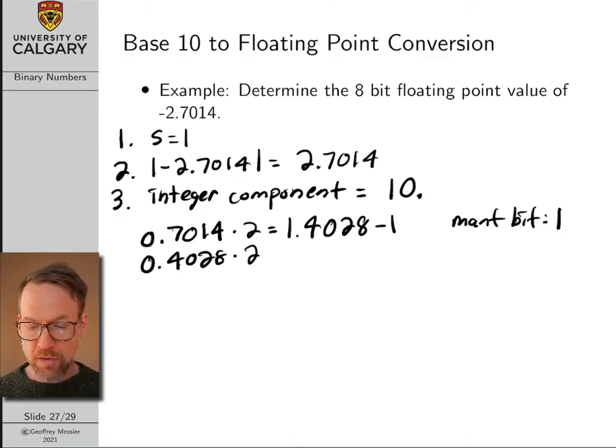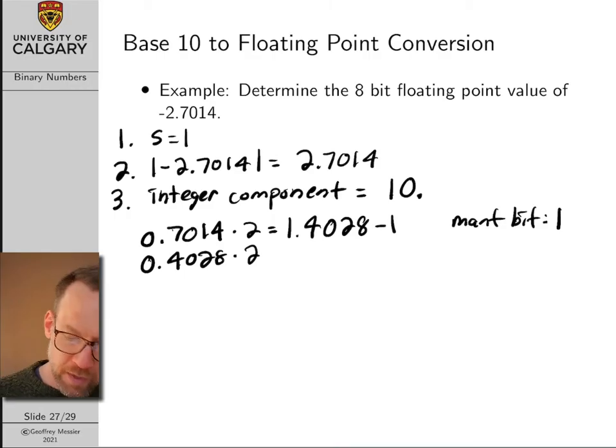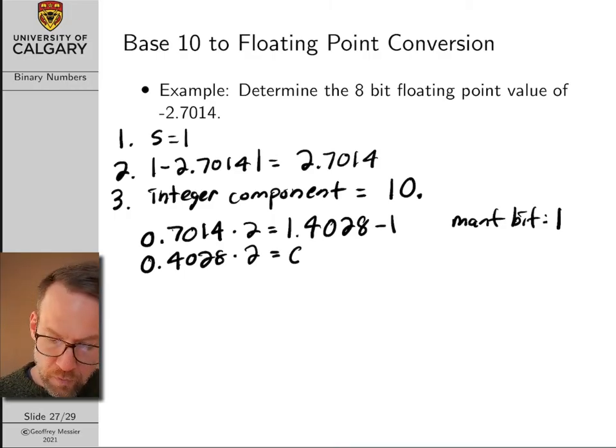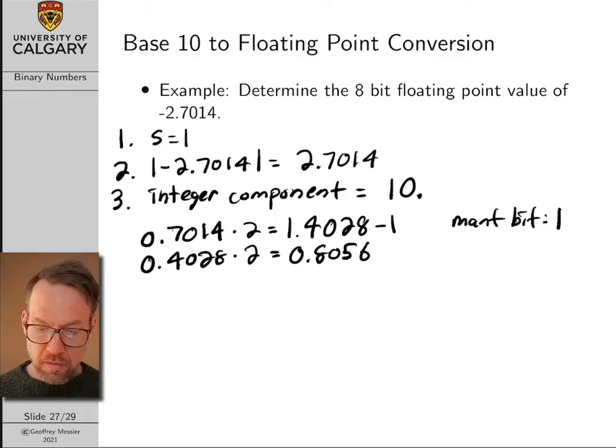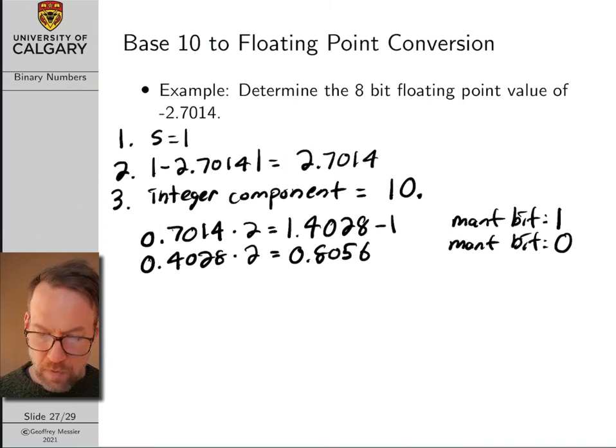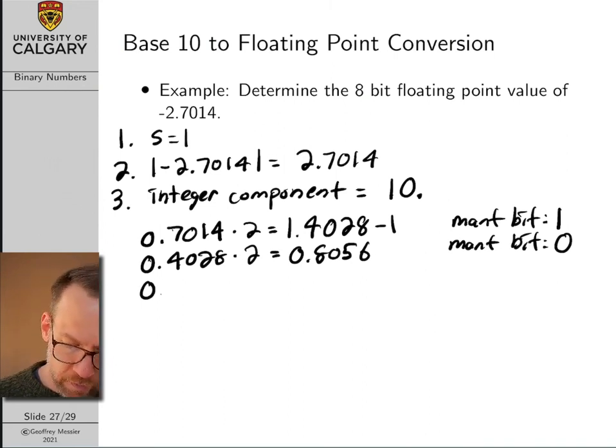We get 0.8056. This does not have an integer component, and so we set our mantissa bit to 0. We multiply 0.8056 by 2 in our next step.